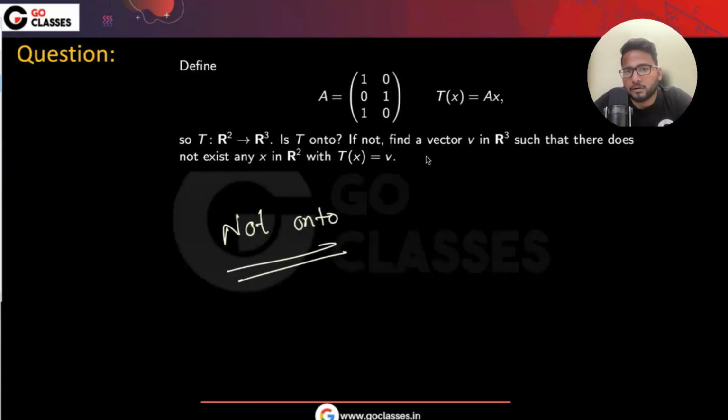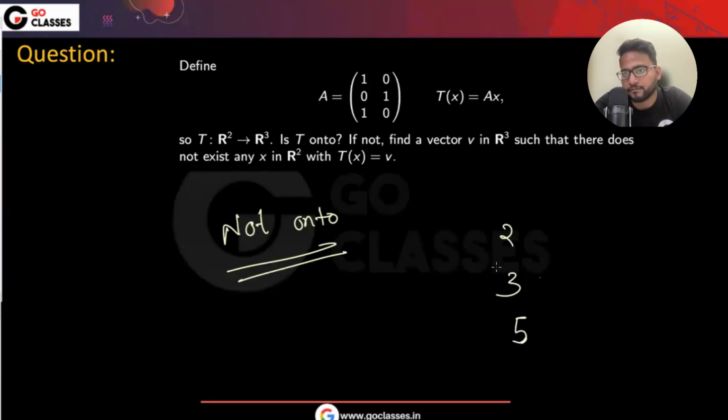Okay. If not, then find a vector such that there does not exist a solution. Okay. So which one is not having the solution? I think here you will be having everything, but here, let's suppose you have 2 3, then you need to multiply 2 here and then 3 here. But if you're multiplying 2, then it will automatically be 2, but let's suppose it is 4 or 5 or something, right?